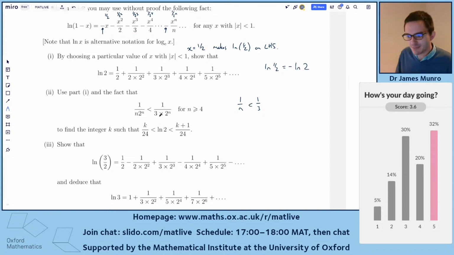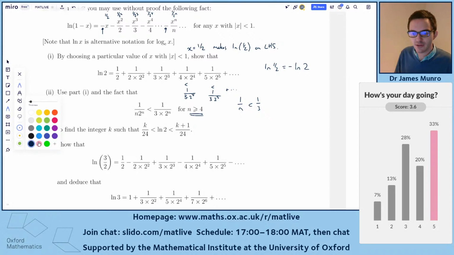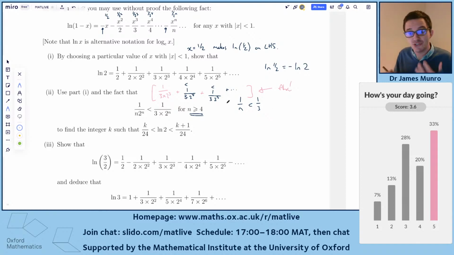Anyway, if you make this replacement for n bigger than or equal to 4, so if you replace this one, this is less than 1/3 times 2 to the 4. This is less than 1/3 times 2 to the 5. If you make that replacement, then all of the stuff from here onwards, including this one, all of that stuff over there is a geometric progression.